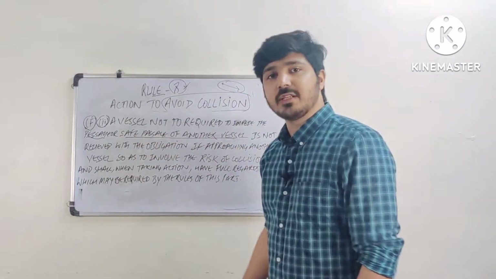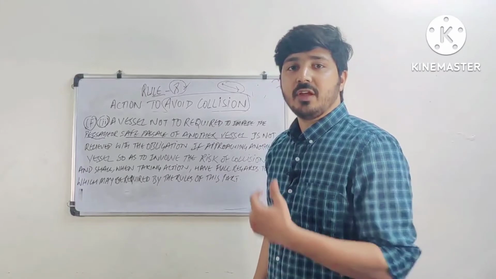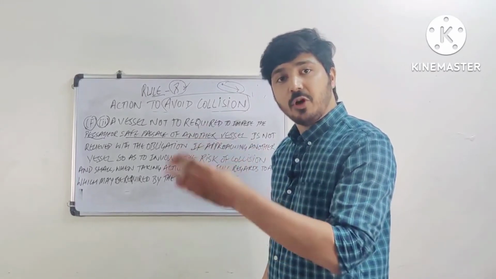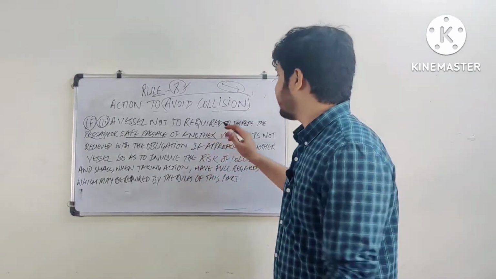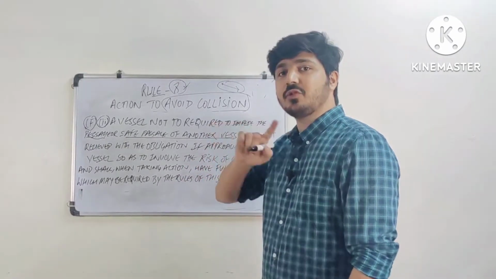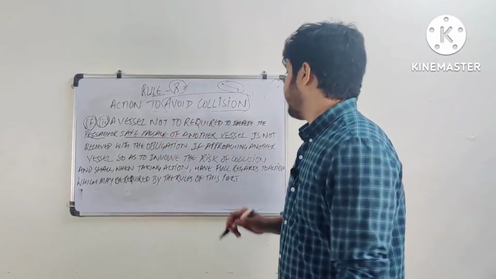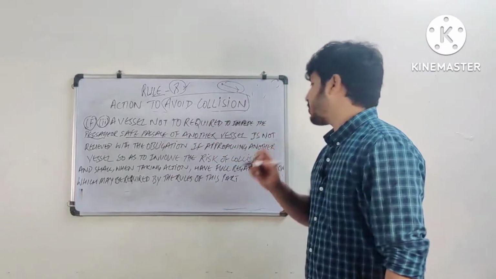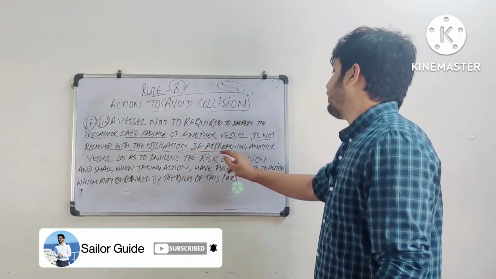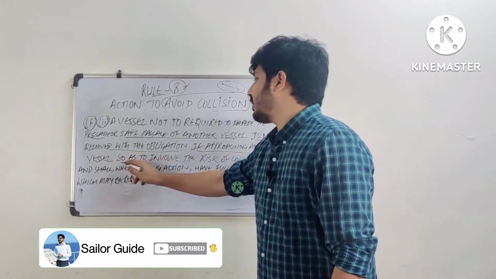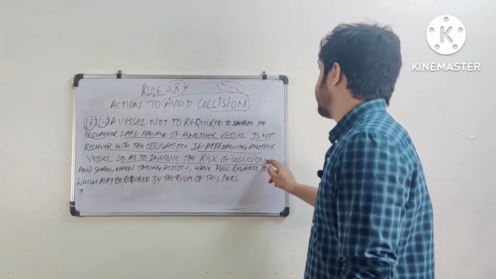Okay, so let's start. A vessel required not to impede the passage or safe passage of another vessel. It might be a little bit confusing for you, but try to understand: that vessel, what it is supposed to do, is not relieved of its obligations if approaching another vessel so as to involve risk of collision.